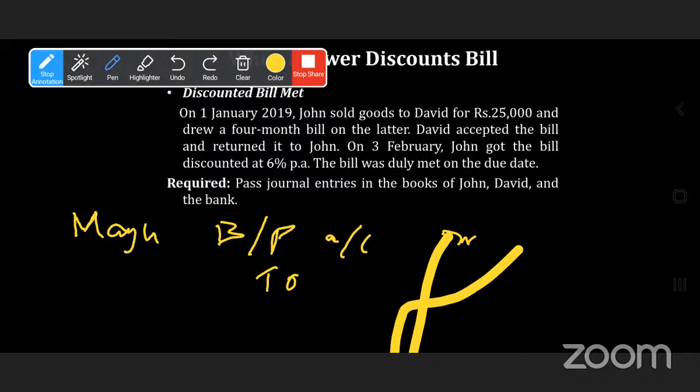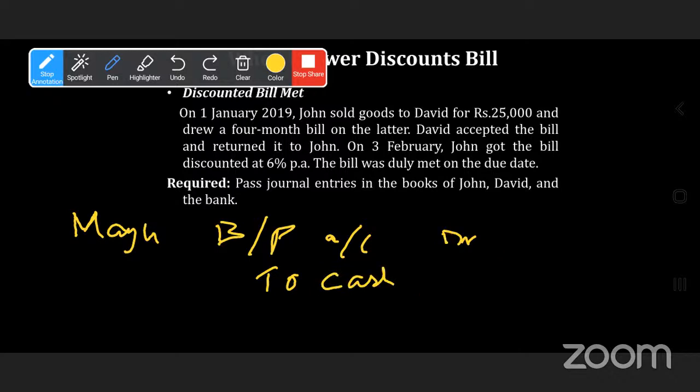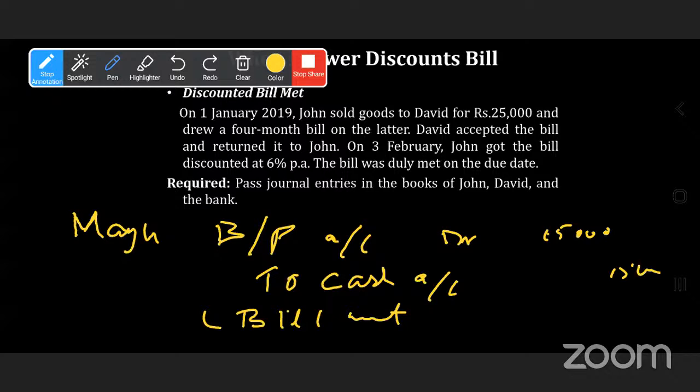So you have to write cash account, 15,000. Then you have to write the narration as paying the bill met.